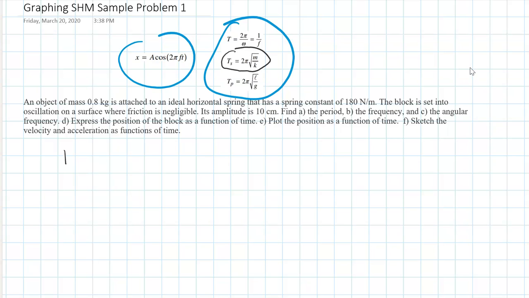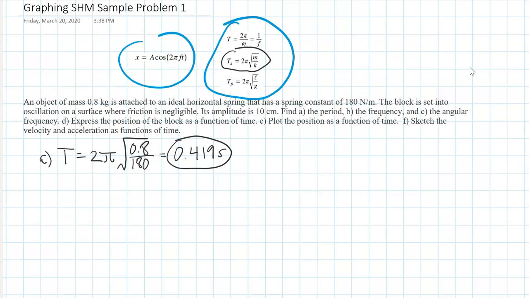So we're going to say that T is equal to 2 pi times the square root of the mass, which is 0.8, over k, which is 180. And if you plug all of that into your calculator, you should get that it is equal to 0.419 seconds. So this is our answer to part A.